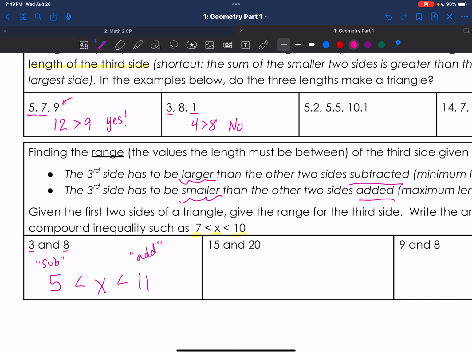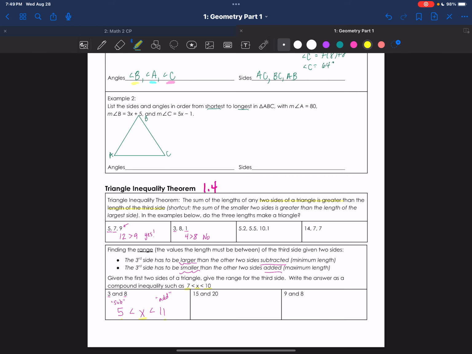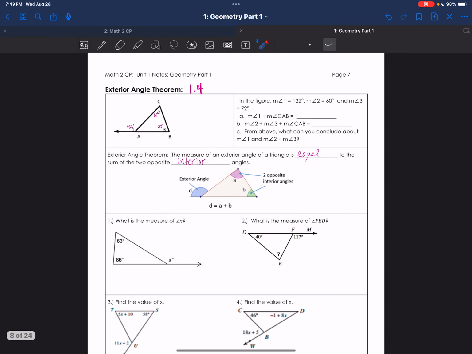So what you're saying here is that 5 has to be less than x, and then x has to be less than 11. So it needs to be between these two values. All right, so pretty easy. I'm going to have you go ahead and finish the other two. You're going to do this guy, and you're going to do that guy. All right, we're kind of moving and grooving.